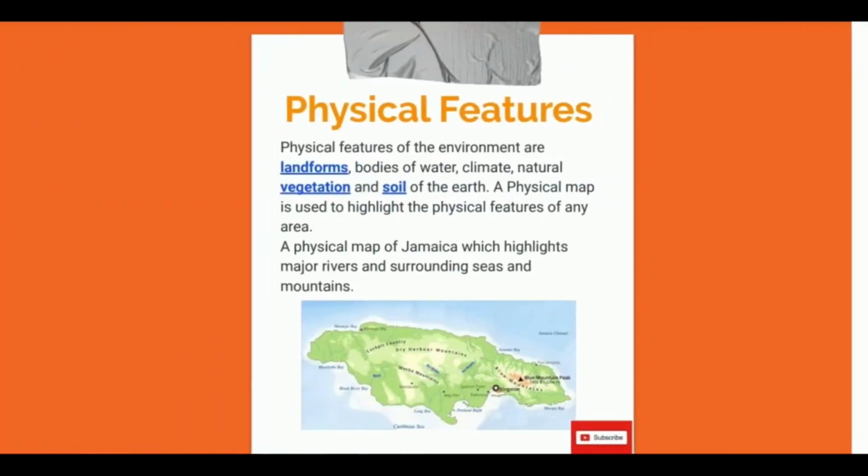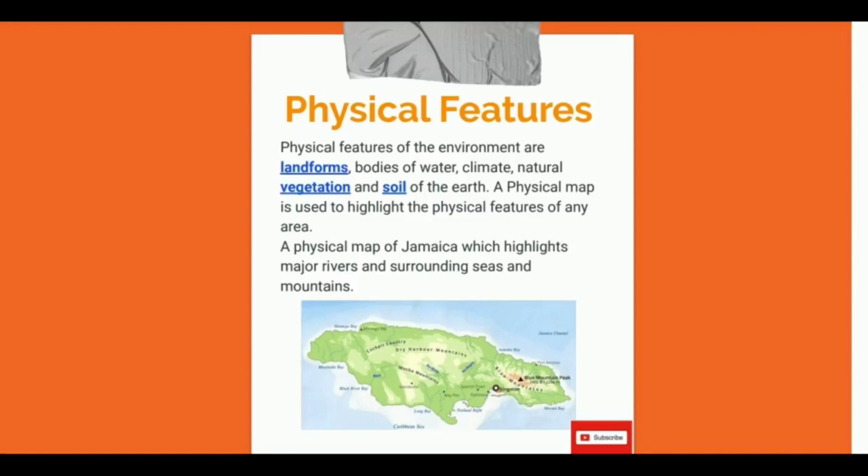Alright, the next thing we're going to touch on is physical features. Physical features of the environment are landforms, bodies of water, climate, natural vegetation, and the soil of the earth. Those are big categories that minor things fall under. So we have landforms: hills, mountains, valleys; bodies of water: lakes, ponds, seas, rivers, oceans, stuff like that.